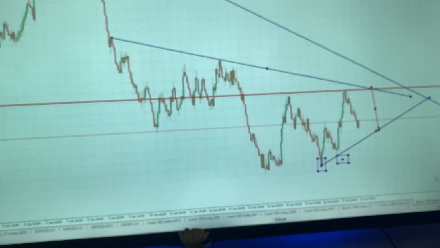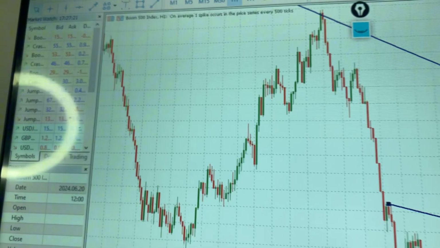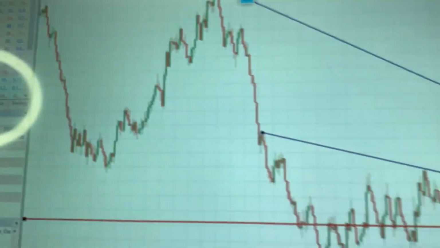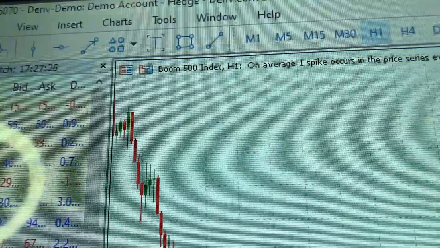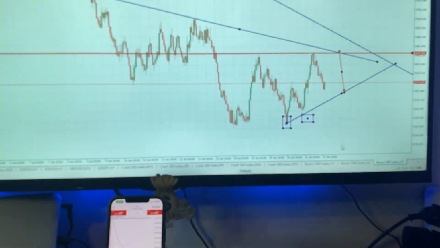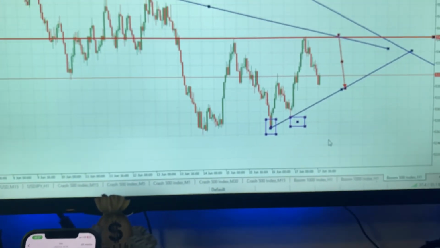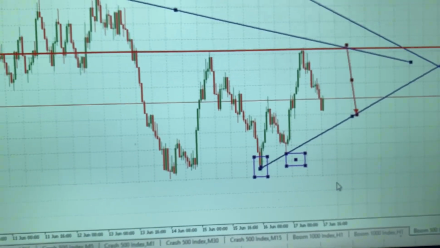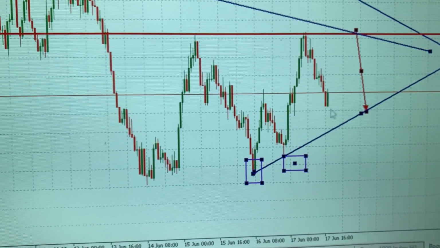So the reason why we took this first sell trade, as you can see, is my chart analysis. I am on Boom 500 right now, in our hourly time frame, and I'm going to show you guys what I was looking at and what I was looking for each and every time I was on the charts.